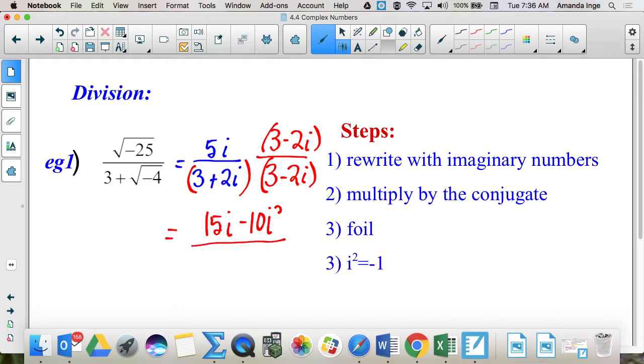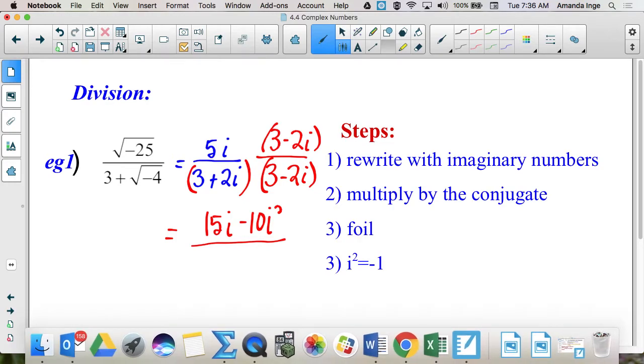We FOIL the denominators. We're going to get a squared minus b squared. So we're going to get 9 minus 4i squared. So that gives us 15i plus 10 over 9 plus 4. So we get 15i plus 10 divided by 13.